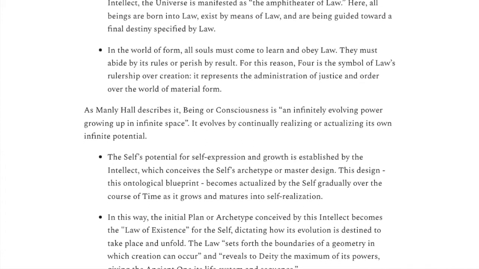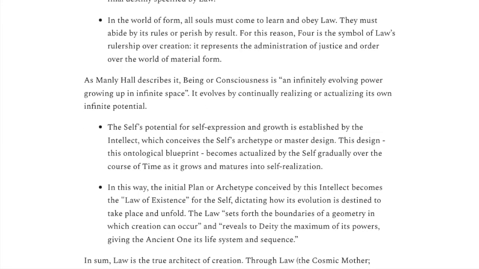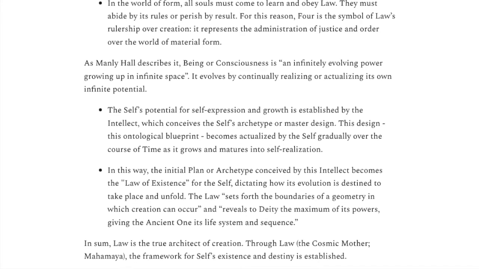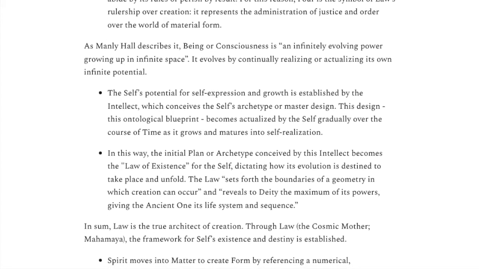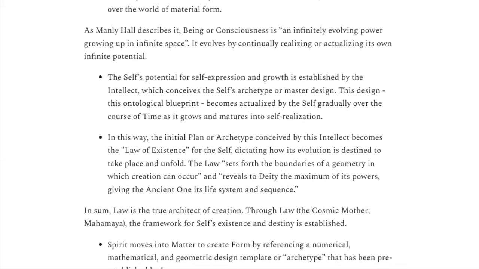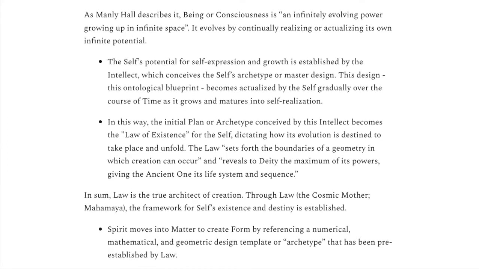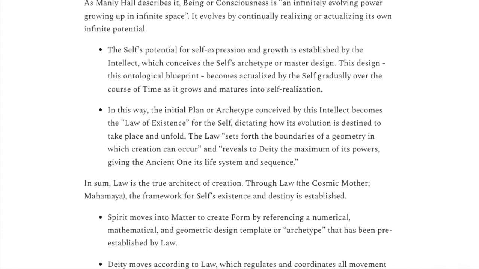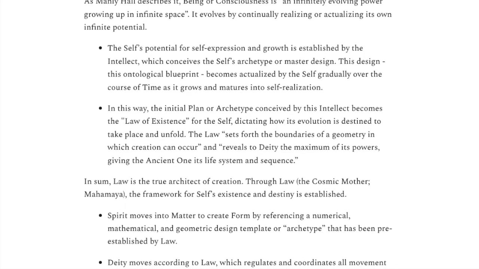The self's potential for self-expression and growth is established by the intellect, which conceives the self's archetype or master design. This design, this ontological blueprint, becomes actualized by the self gradually over the course of time as it grows and matures into self-realization. In this way, the initial plan or archetype conceived by the intellect becomes the law of existence for the self, dictating how its evolution is destined to take place and unfold.